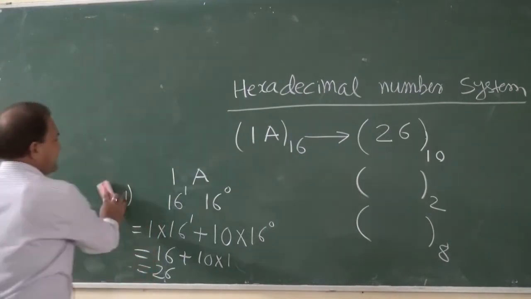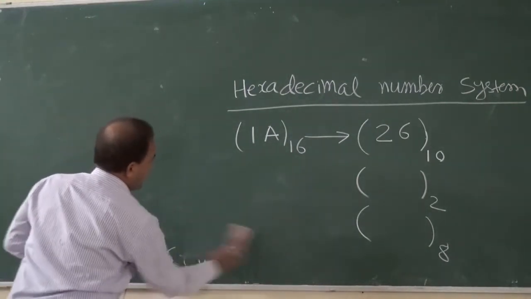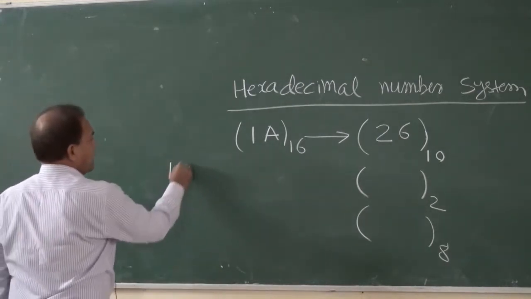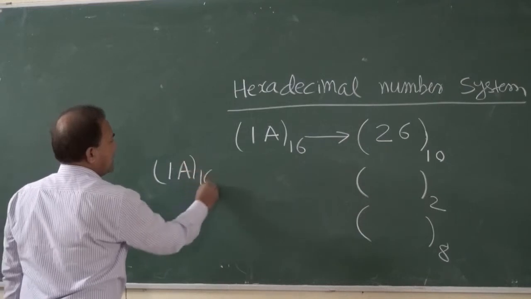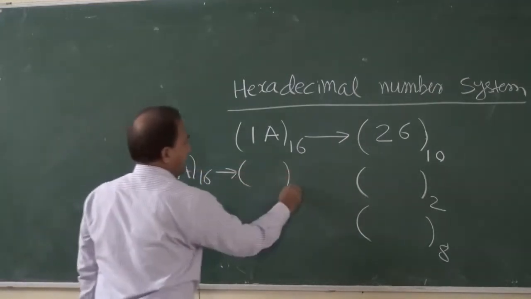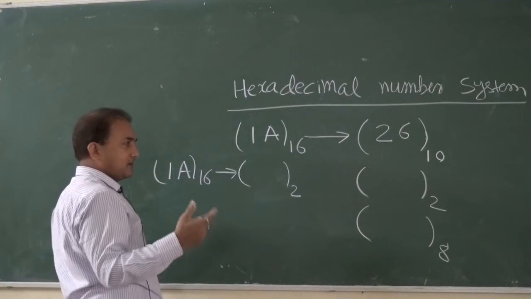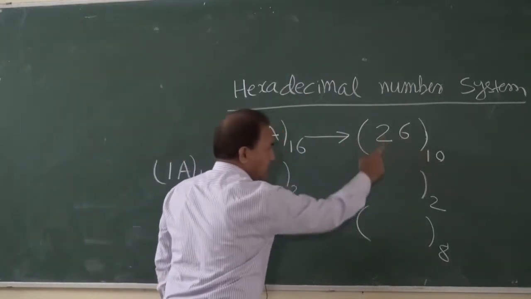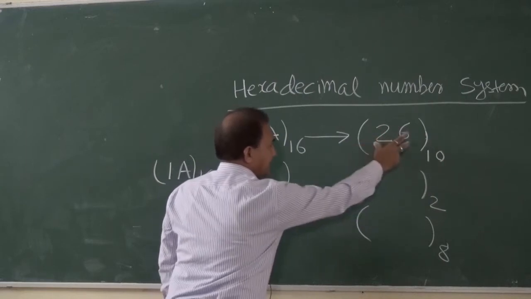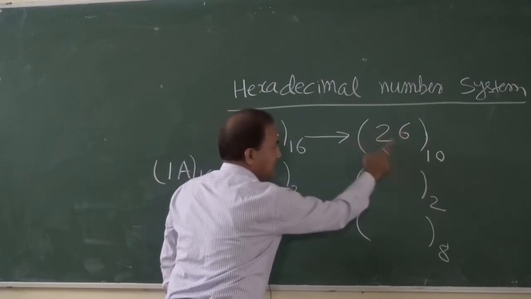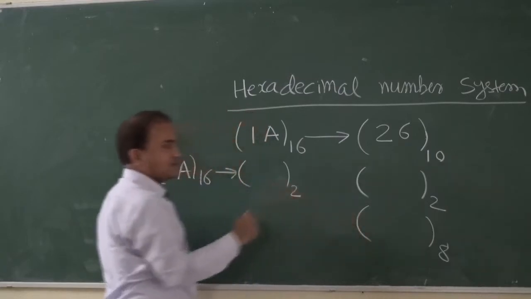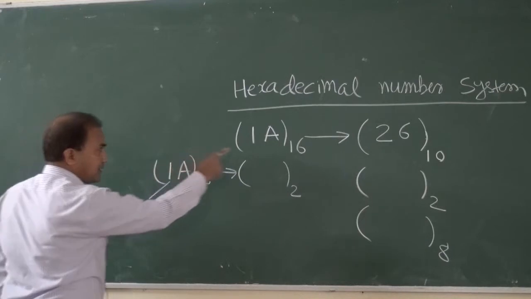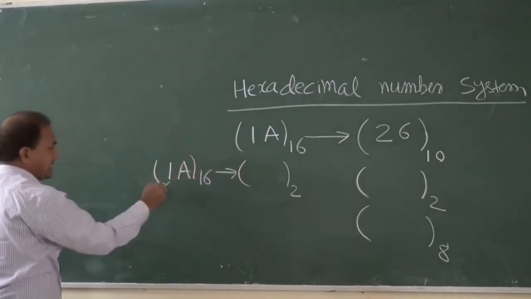Now, how you can convert 1A, which is in hexadecimal number, to binary? There are many methods. You can convert this 26, which is in decimal, directly to binary. You can convert 26 to octal number. In this manner, you can also convert. But the simpler method to convert hexadecimal number to binary number is like this.